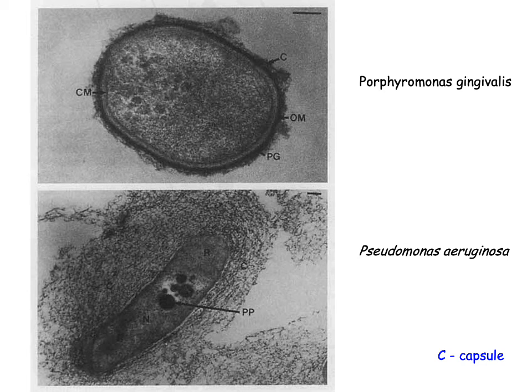On the bottom is Pseudomonas aeruginosa, sometimes considered a soil bacteria, but found just about everywhere. Those of you who like to sit in the hot tub, this is the bacteria.